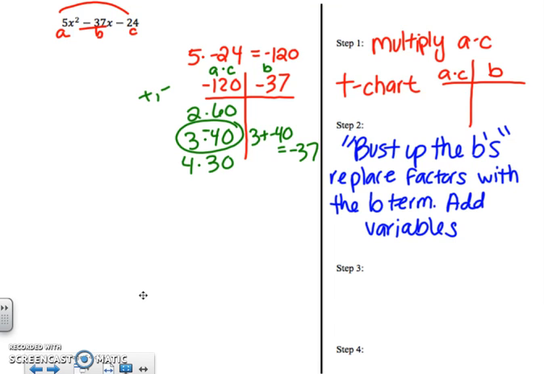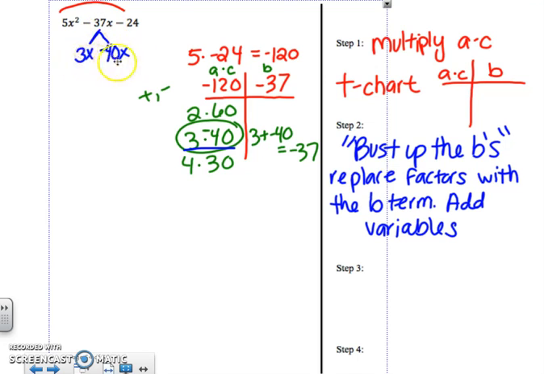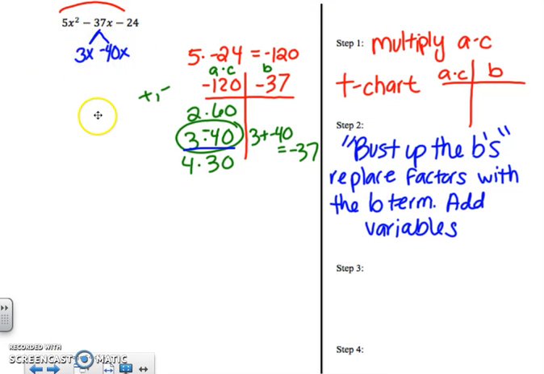So let me talk about that. Here is my b term up here, negative 37. I know that 3 and negative 40 are going to give me a negative 37. It does not matter what order you do them in. You can write 3 here, and you can write negative 40 here, or you could rewrite them the other way. You would still get the same answer. But you have to make sure you add variables to each of those middle terms, because to get a 37x, both of your numbers had to have an x term.